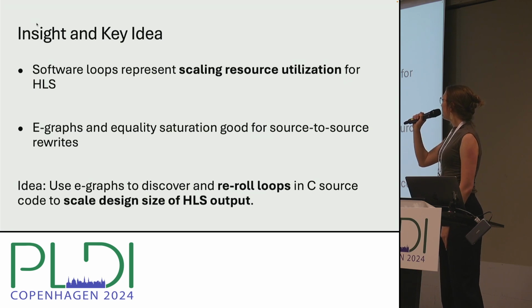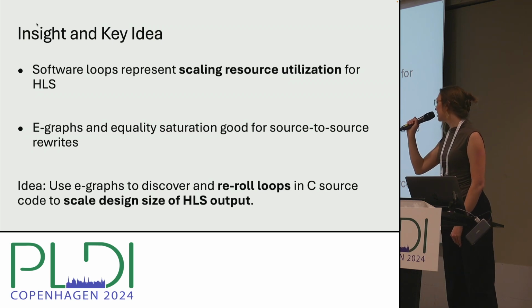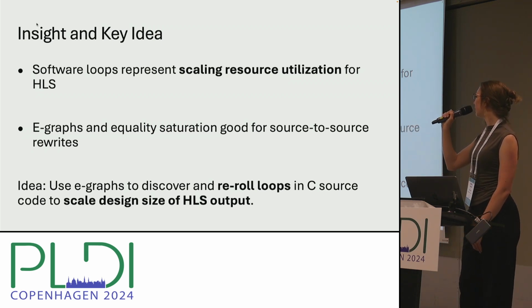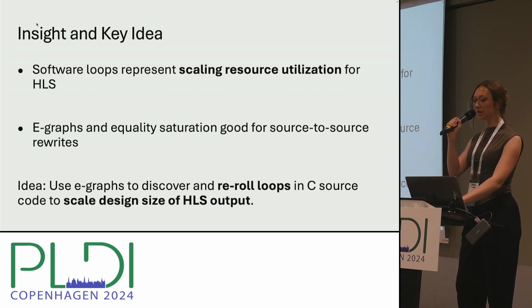So the key insight is that software loops represent scaling and reduced resource utilization in the HLS world. And because e-graphs and equality saturation are great for source-to-source rewrites, the idea is maybe we can use e-graphs at the C code level and do a source-to-source transformation and end up with a better scaled output for HLS.